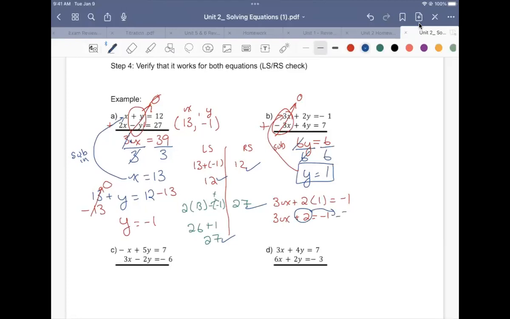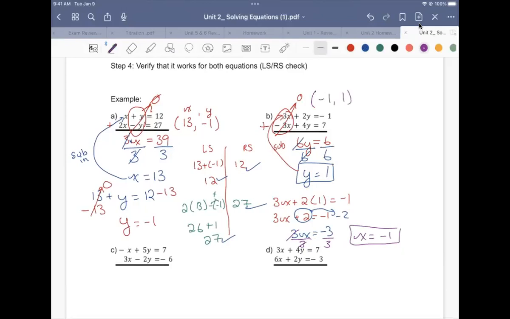I'm going to bring this to this side and do negative 2, because essentially I'd just be doing negative 2 there and making them both go to 0, so I can just move it across the equal sign and flip the sign, which means I will get 3x is equal to negative 3, and then I can divide both sides by 3 so that I get x is equal to negative 1. So my solution for this one should be negative 1, 1.